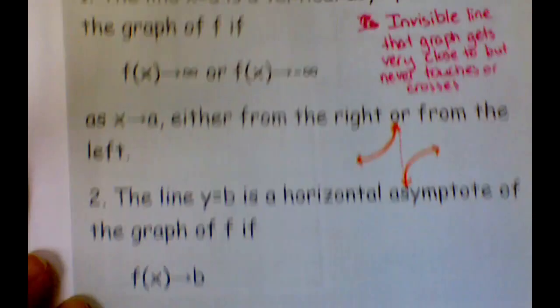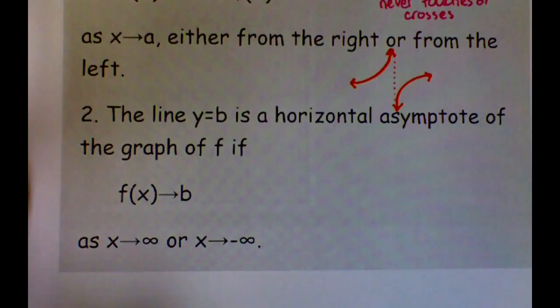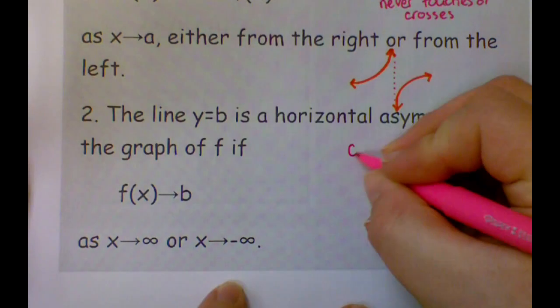And then we also have a horizontal asymptote, if f of x approaches this number b, as x approaches positive or negative infinity. Horizontal asymptotes are a little different because you can cross these in the middle.